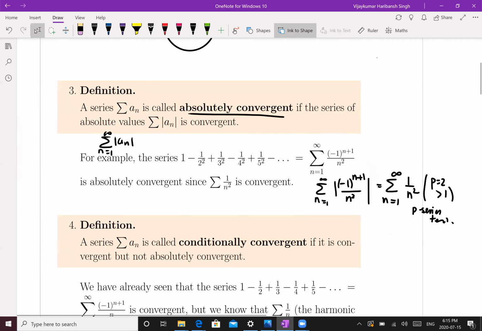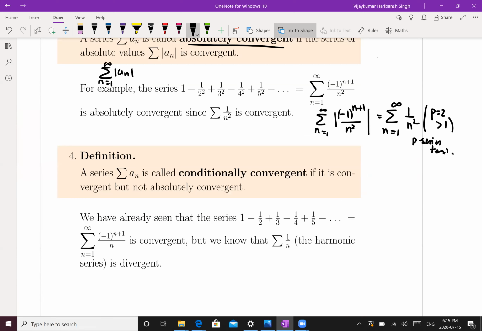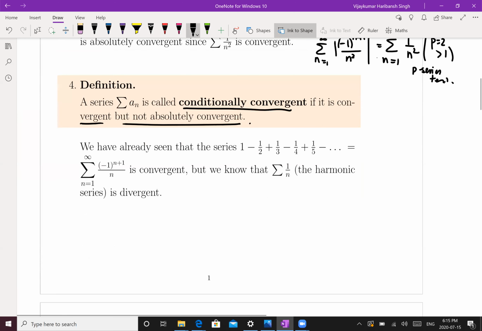Now we call a series conditionally convergent if it is convergent but not absolutely convergent. The example for that is summation n going from 1 to infinity of minus 1 to the power n plus 1 divided by n. We have already seen that this series is convergent using the alternating series test.